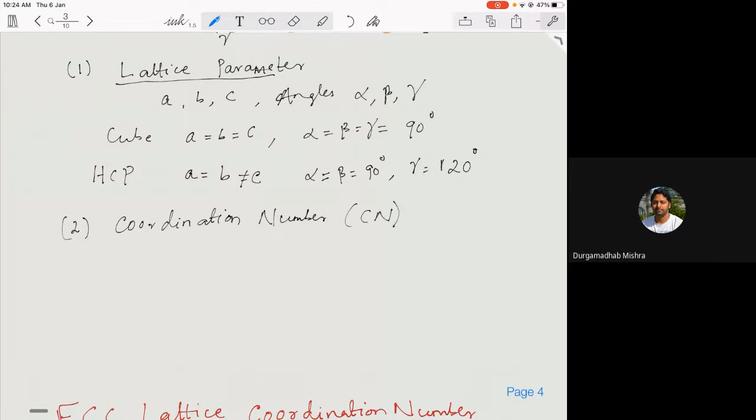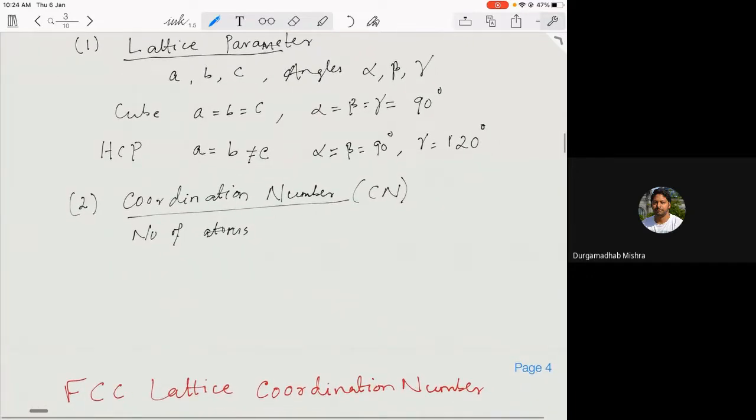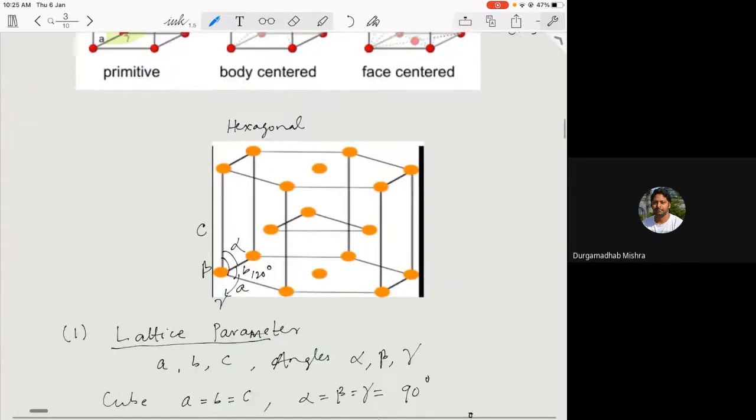Coordination number means the number of nearest neighbor atoms of an atom. How many atoms are really the nearest to one of the atoms in the lattice? That will define the coordination number, which will be different for different lattices.